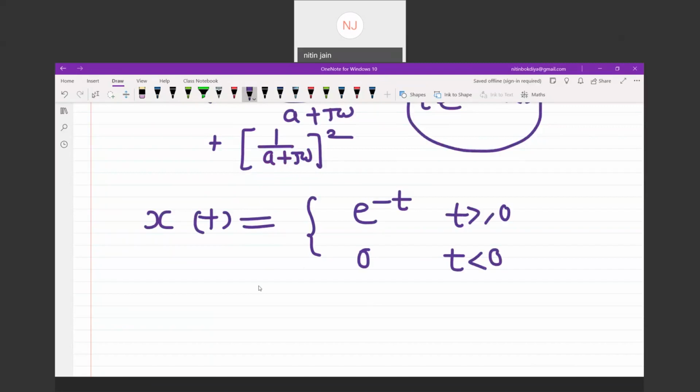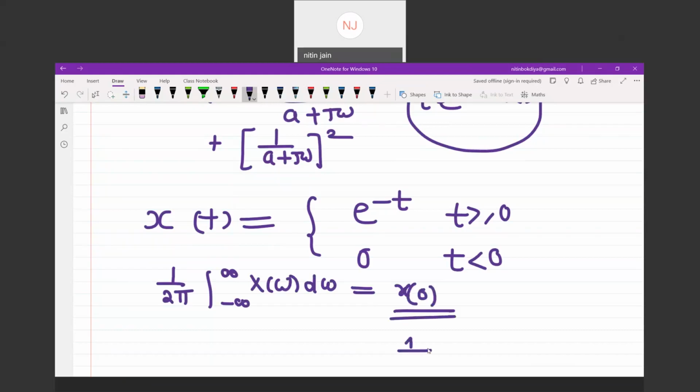Then you have to calculate 1 by 2 pi times the integral from minus infinity to infinity of X of omega d omega. Can I say this is nothing but the value of x of 0, and x of 0 is equivalent to what? 1. It's a very easy question. This is a GATE 2011 problem.